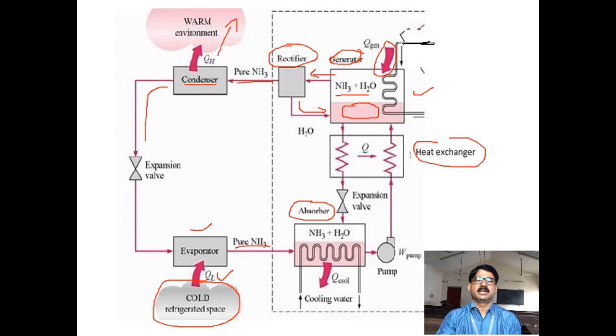The temperature and pressure of this condensed ammonia is further reduced by passing it through an expansion valve. So from here on, the liquid refrigerant, liquid ammonia, passes through the evaporator, absorbs heat from the cold refrigerated space and becomes vapor ammonia. So this vapor enters into the absorber. Here already water is there, you can see.